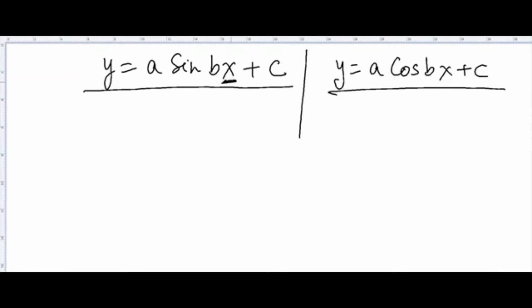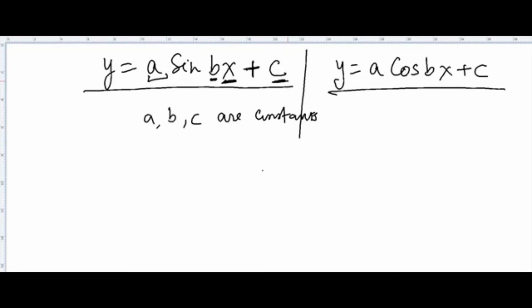This time I have written x because usually the function is written in terms of y and x. So in place of theta I have written x. Can you see there is a constant b in front of x. A, b and c are constants written here. There is something in front of sine as a whole and some c is being added.